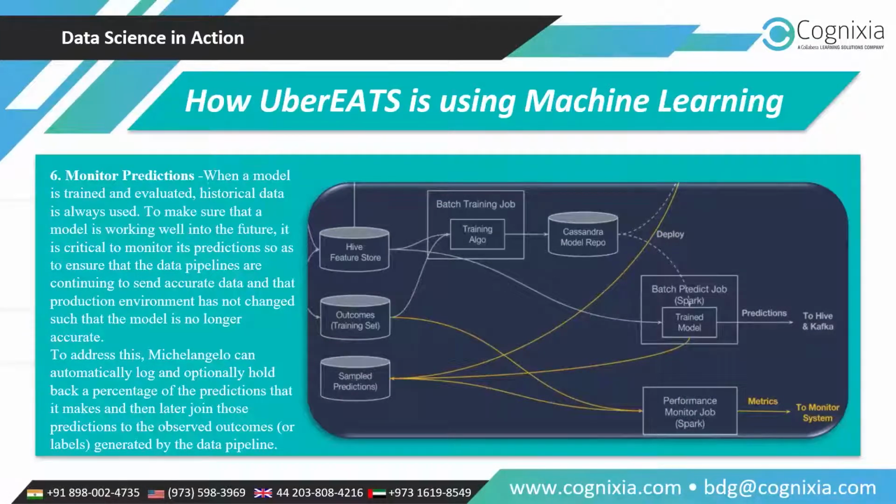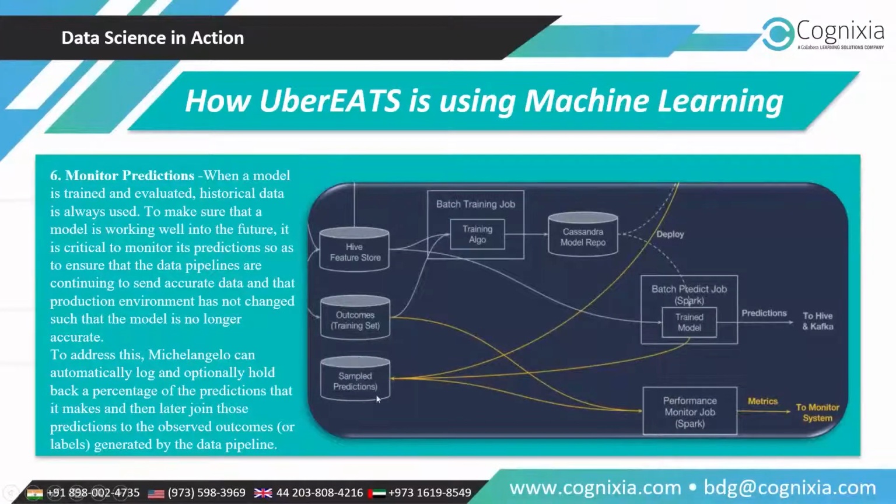So not all the predictions, but in a timely manner, some subset of the predictions from the online and offline prediction are stored into the sampled repository. In this repository, we have the predictions available and the actual outcome, like exactly what was the time of delivery and what was the prediction made by the model.